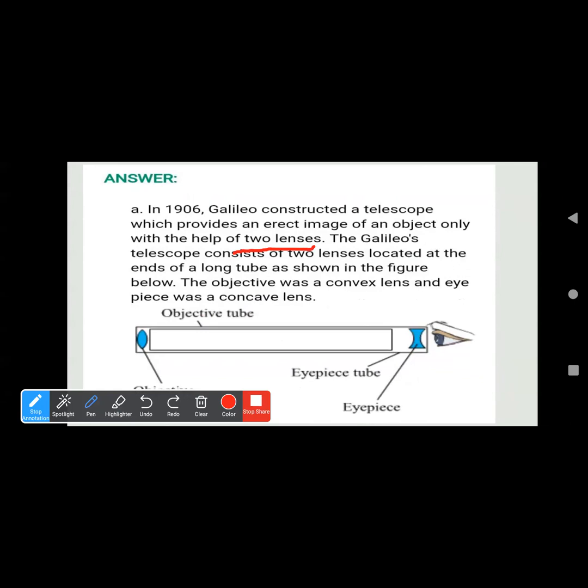One was a convex lens and the other was a concave lens in a long tube. And you have to draw this diagram in order to write this answer. Can you see here? So this is a convex lens and this is a concave lens. Followed? So only this much you have to write for this answer.